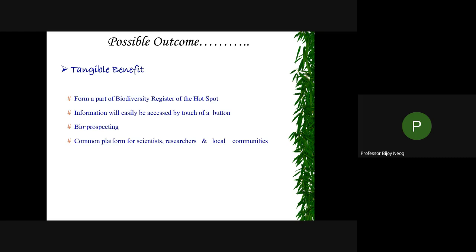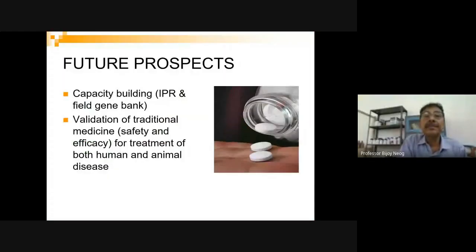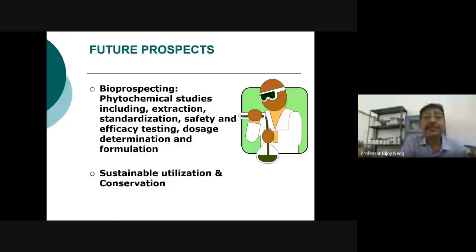There is also a scope for entrepreneurship. If you see the future prospect, we can have IPR and a field impact. So it can lead to capacity building. The most important thing I feel is the validation of traditional medicine in the scientific language, that is very important.